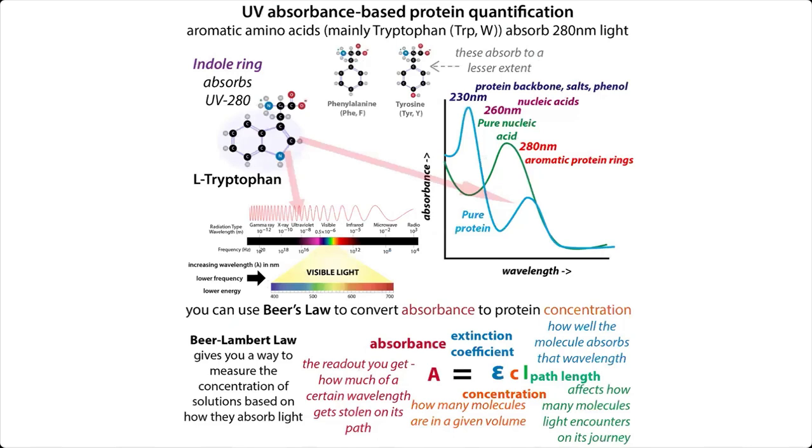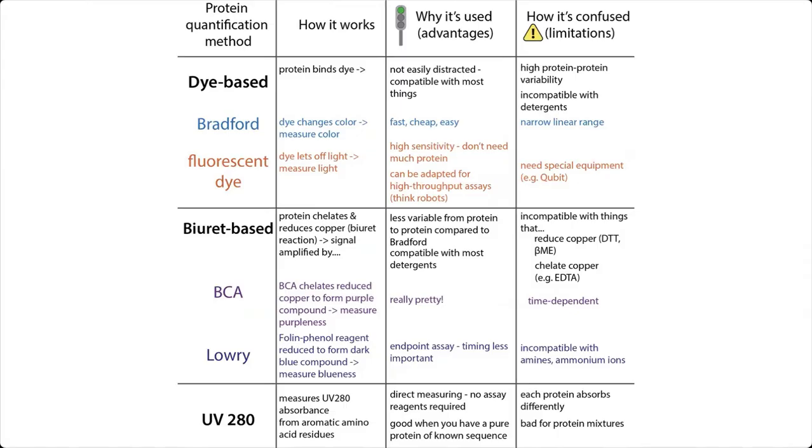So we need to take into account a protein-specific value that tells us about how much light of our specific protein would be absorbed. This works great if you have a purified protein. If you don't have a purified protein, then you kind of need to use some generic value, or it might even be better to use a dye-based method that kind of just measures proteins more generically. But we're going to assume that we have a purified protein mixture.